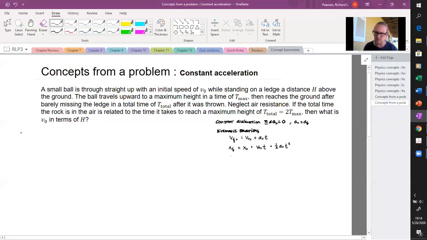Then if we do this, we can get a relationship between the squares of the velocities. Again, these are the x components, plus 2ax delta x, or the change in position.